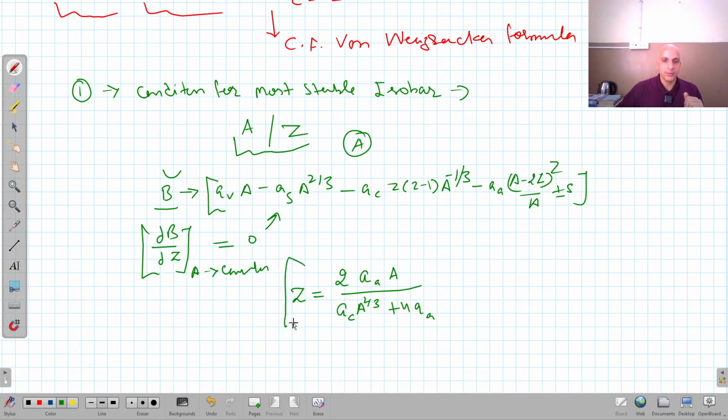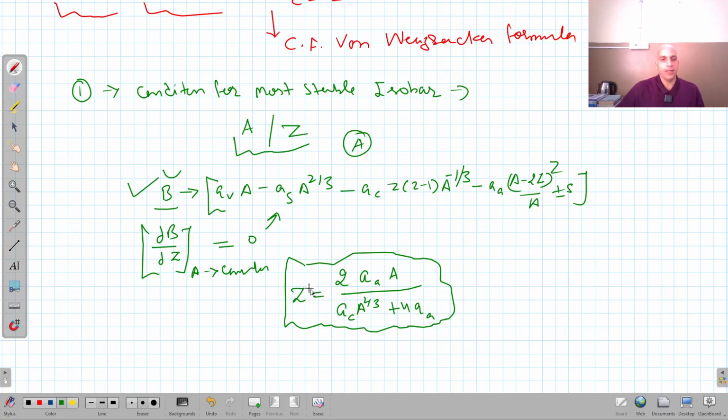So this is the atomic number of the most stable isobar, the isobar that has the highest binding energy. And I got this condition by simply applying the condition of maxima to the binding energy.